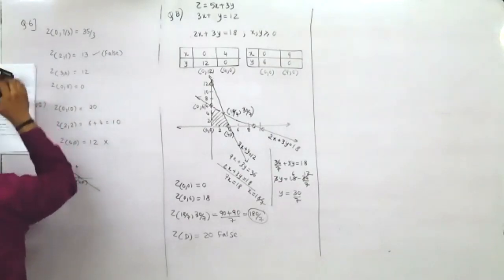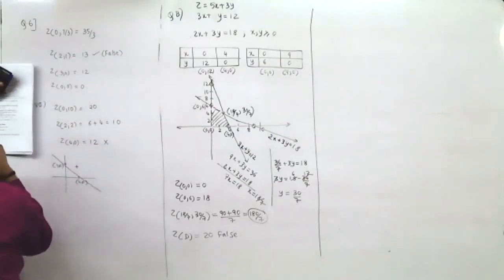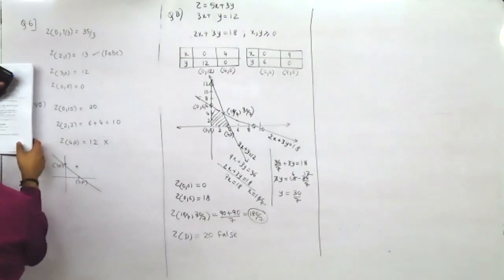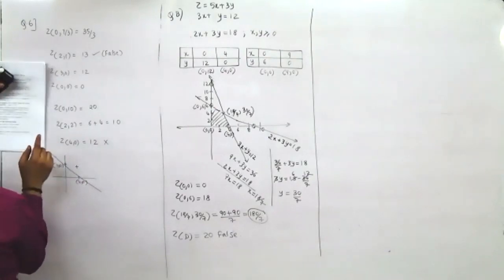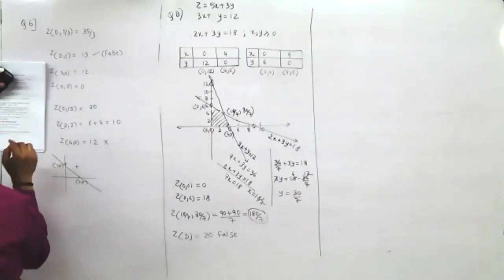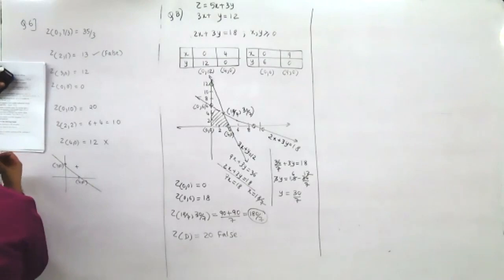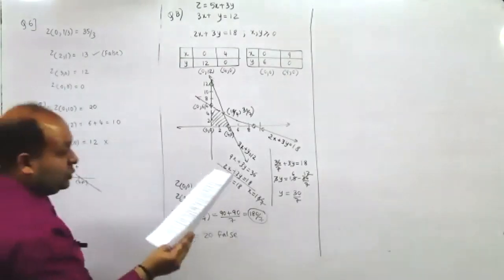Sir, in the textbook and MCQ, they have given vertex points, right? What have they said? Of all the points of a feasible region, the optimal value is obtained at the vertex of the feasible region, right? Yes, sir.